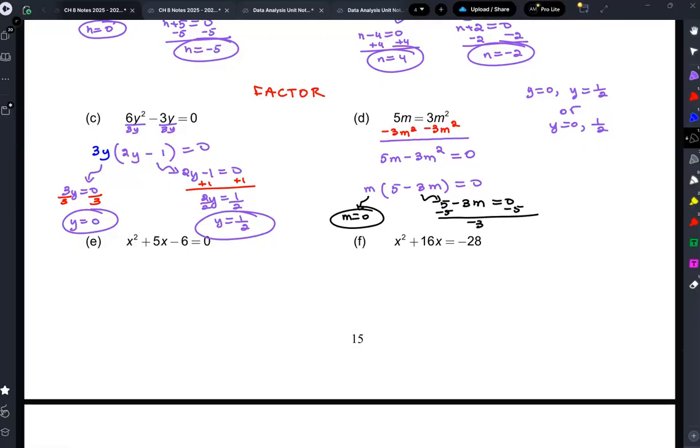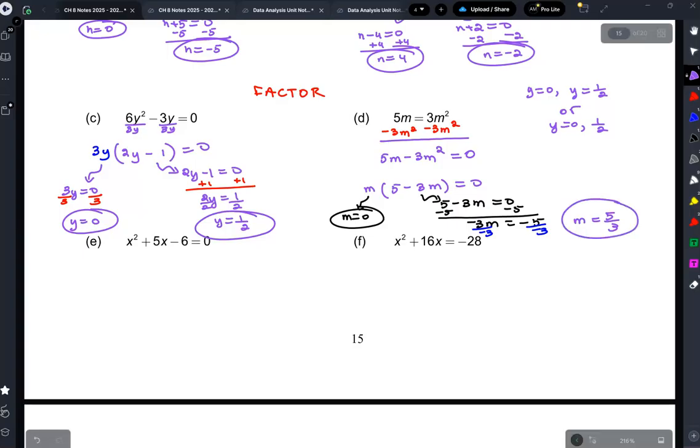So I get negative 3m is equal to negative 5. What do I do now? Divide by negative 3. So m is 5 over 3. Right? And again, I have two answers. This one and this one.